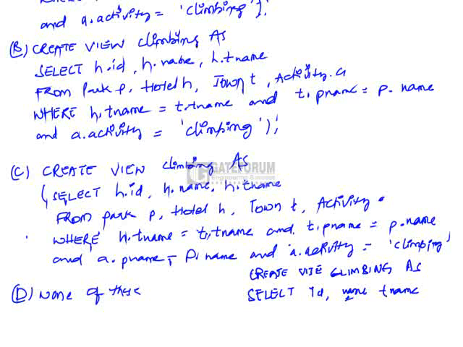This is the name of the hotel, and this is the name of the town. So if we see option C, the SQL query is create view. Here climbing is the view name, as is the syntax, and in select we have to mention the attributes which we want to display.